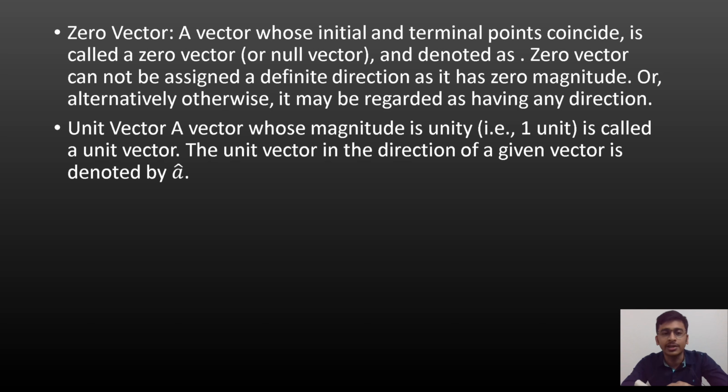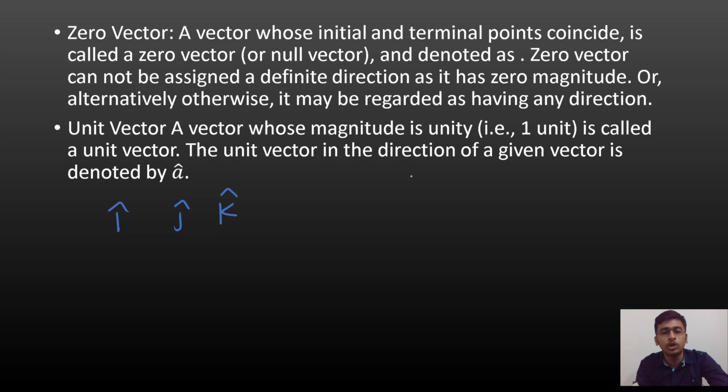What is a unit vector? A unit vector A is a vector whose magnitude is 1. The unit vector is denoted by a cap. When we talk about i cap, j cap, k cap, they are essentially the unit vectors in the i cap direction, j cap direction, and k cap direction.